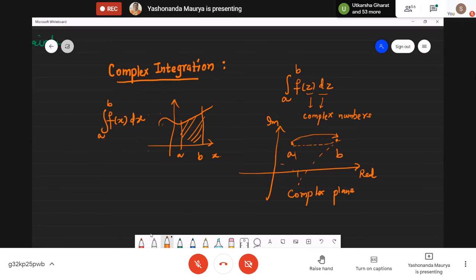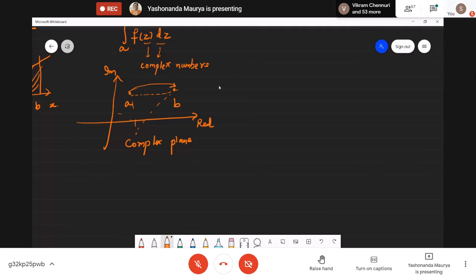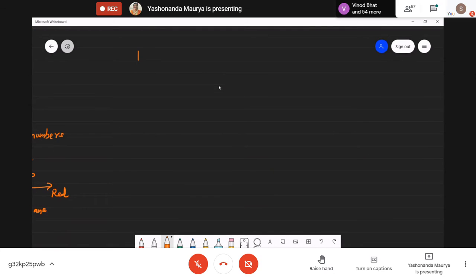Let us understand this with an example. Evaluate this for the function, say, x plus maybe 3y or something like that.